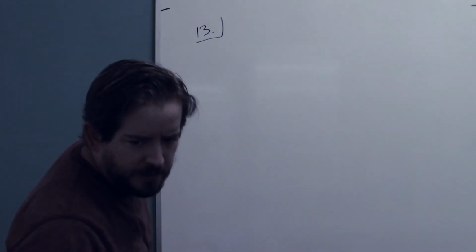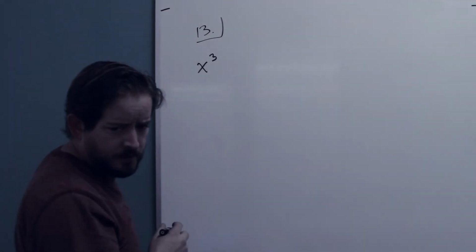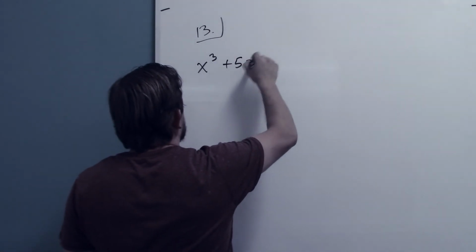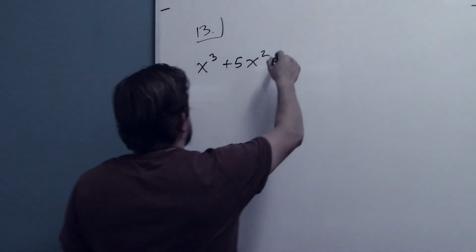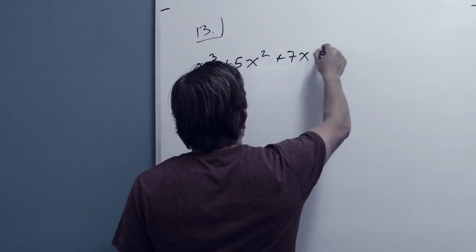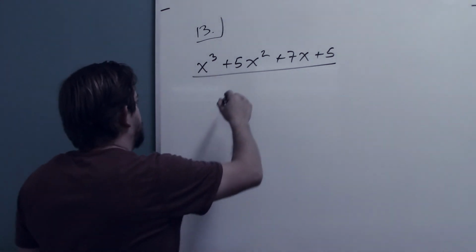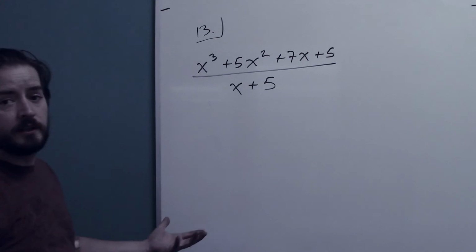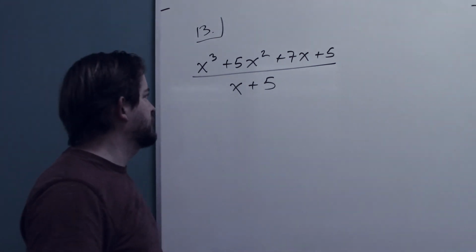But we're asked to find x to the third plus 5x squared plus 7x plus 5 divided by x plus 5. We're asked to find the quotient and the remainder of this. We don't have to write it in any funky d, q plus r form.